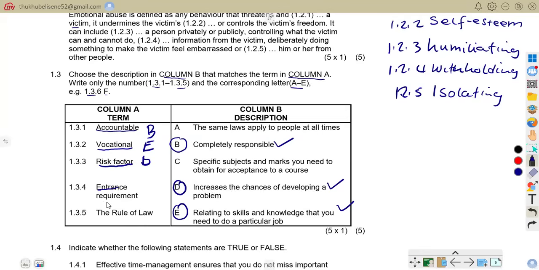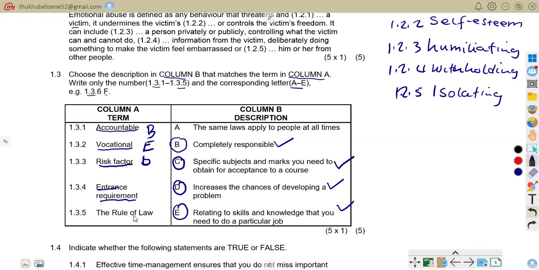1.3.4 entrance requirement. When we talk of entrance requirement, you're talking about what? The qualifications or conditions you must meet to be accepted into a school or course or job. So that is 1.3.4 and the correct answer that you can see is C. Specific subject or marks you will obtain for acceptance to a course.